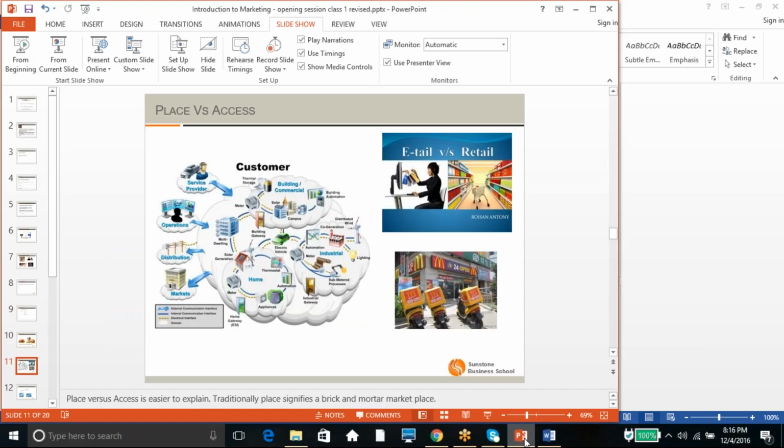Similarly, when you go for place, since the physical marketplace is no longer the only mode, you also have a virtual marketplace. So the common word which satisfies both is access.